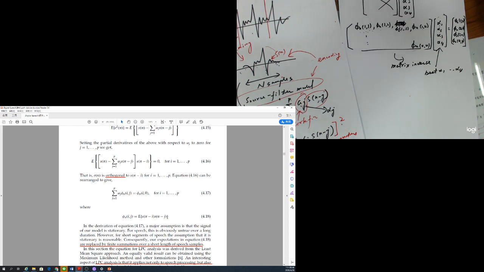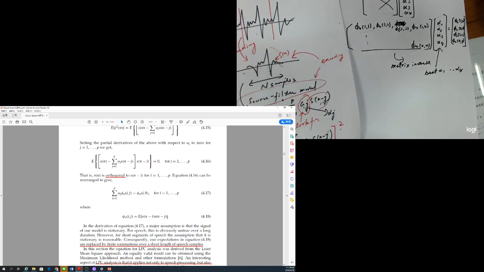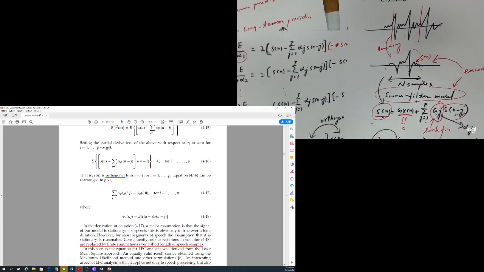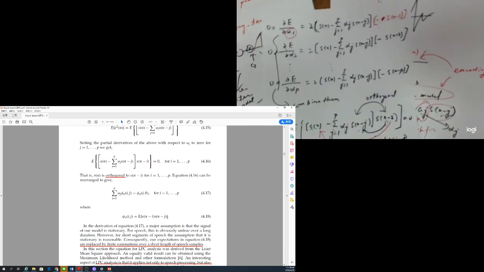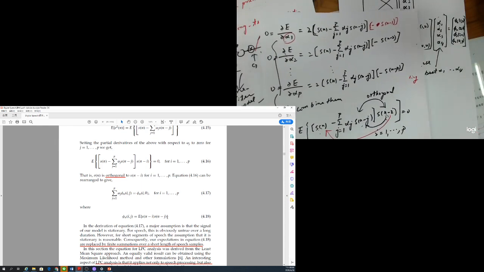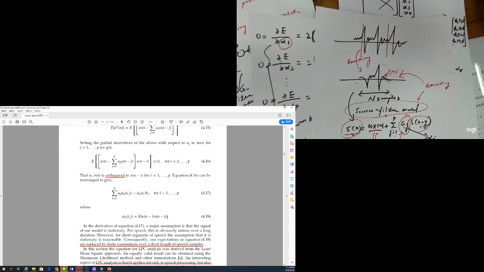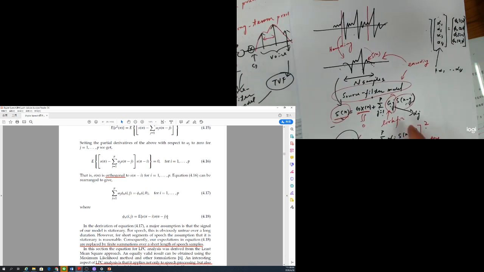Most of the time we consider sufficient information inside the speech frame, which could be 15 milliseconds to 30 milliseconds. And then we use the source filter model, and our model is an all-pole model, no zero. So based on this kind of condition, we can derive the coefficient.